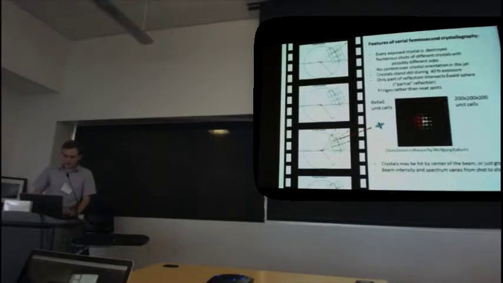The features of serial femtosecond crystallography are that every exposed crystal is destroyed, and therefore numerous shots of different crystals with possibly different sizes need to be recorded, and there is no control over crystal orientation in the jet. Also, the crystals stand still during a typically 40 femtosecond exposure, because there's simply no time to rotate the crystal.